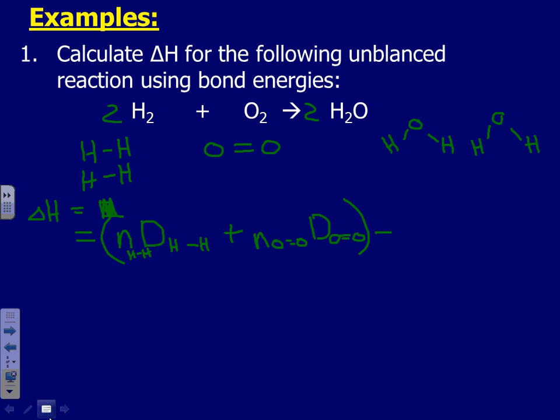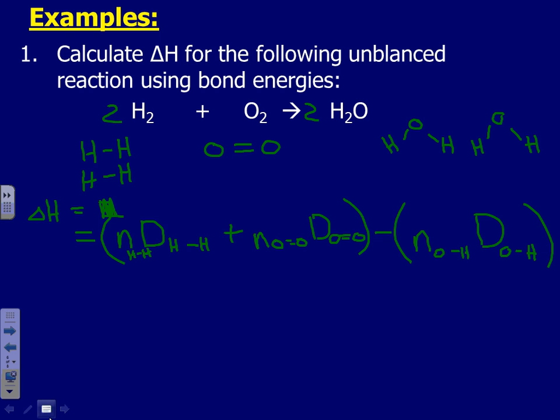Minus. There are only OH bonds. There's 4 of them. The number of OH bonds, or HO, it doesn't matter, times the D, which is the bond energy of the OH bonds. And that's it on that side.